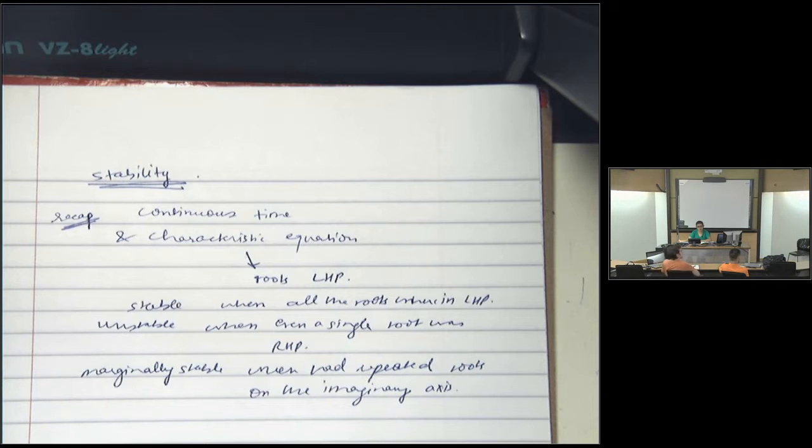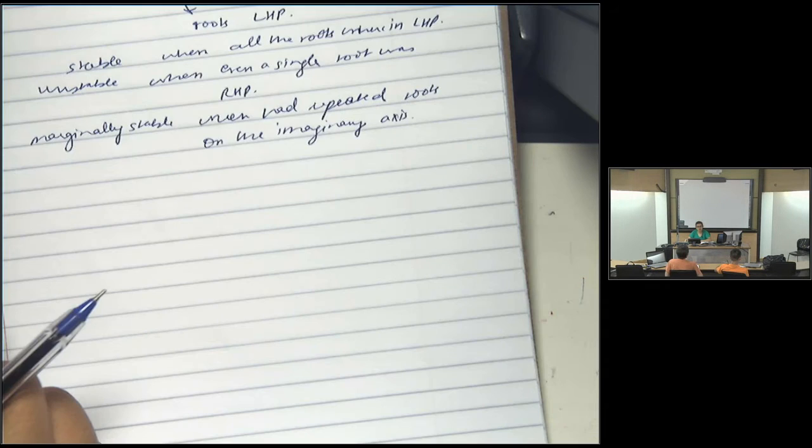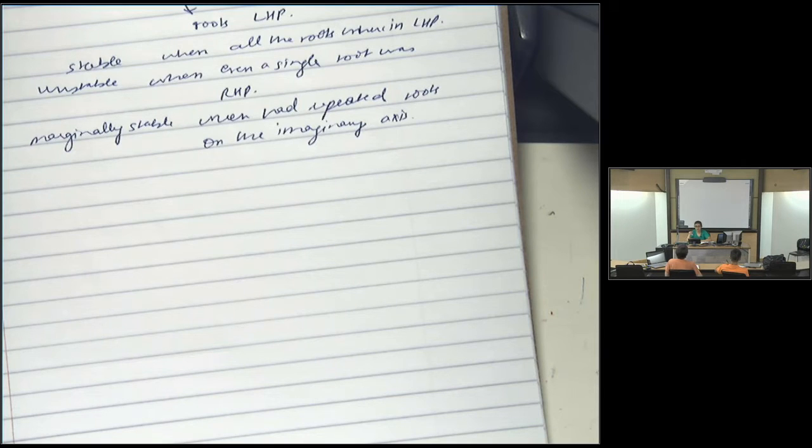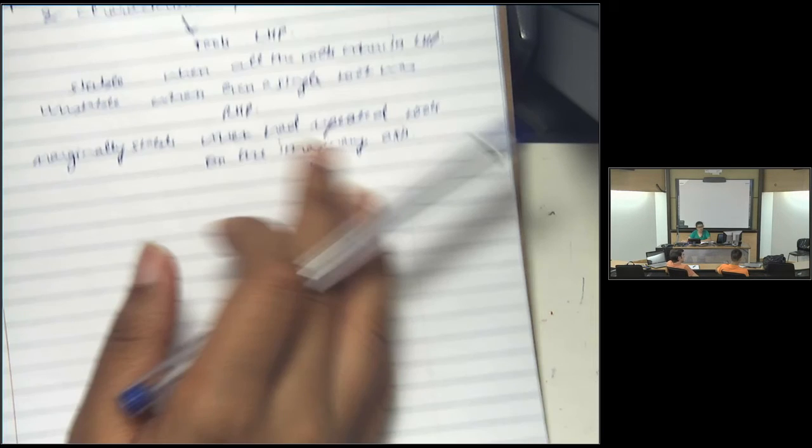Do they have to be repeated, or only one? No, repeated, because a single root will have the complex conjugates on the imaginary axis, but that does not become repeated. Repeated is when it's at the same position twice. So that's a thing that you need to be careful about. All right, this was with continuous time and the characteristic equation.